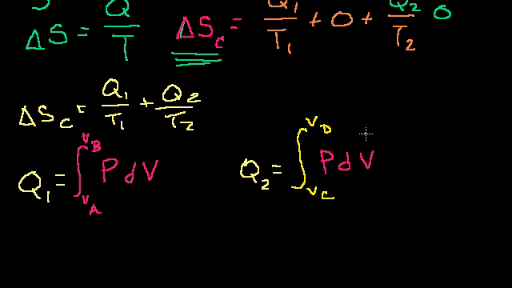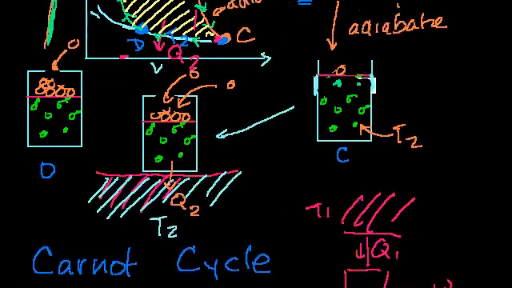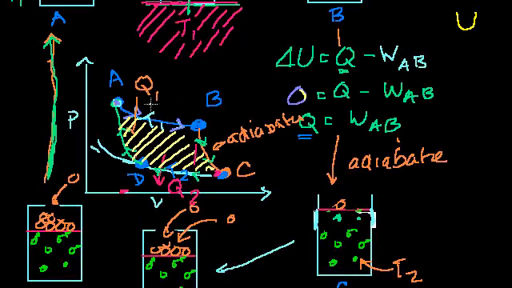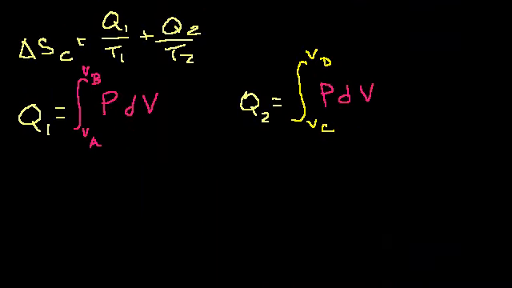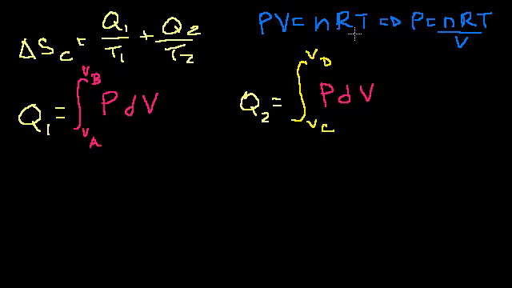Well, we've done this before in a previous video. We use the fact that both of these circumstances, when we go from A to B and when we go from C to D, occur on isotherms, right? So the only things that are changing are pressure and volume. Temperature is not changing. And so if we go back to our ideal gas equation, that PV is equal to nRT, we can just rewrite this by dividing both sides by V as P is equal to nRT over V. And substitute that back in for P in both cases.